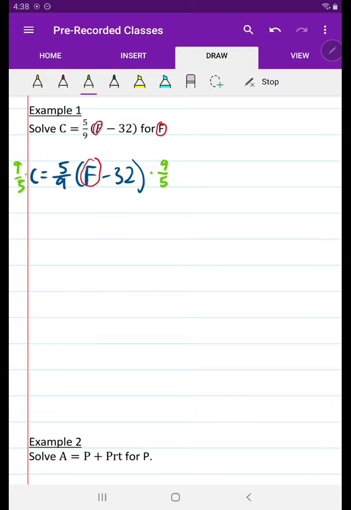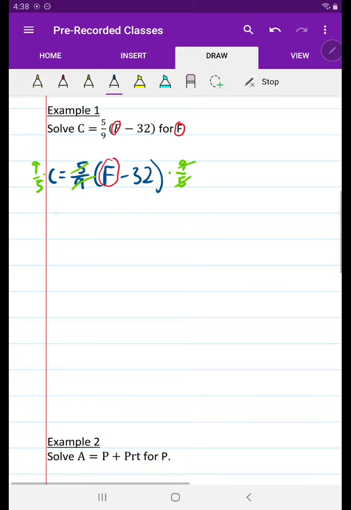So I'm multiplying both sides by 9 over 5, and so what that's going to do is that's going to cancel that fraction in front. So now on the left side, I now have 9/5 C equals, and then that fraction 5/9 went away, F minus 32. And remember, we want to get F by itself.